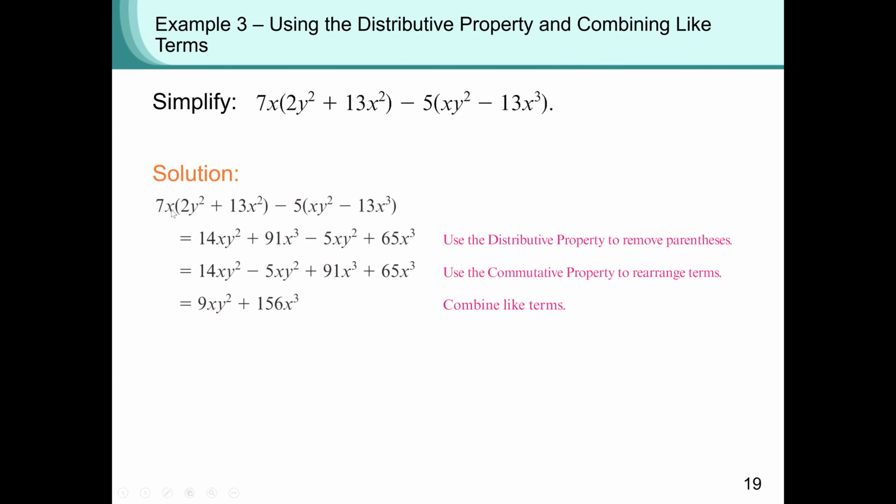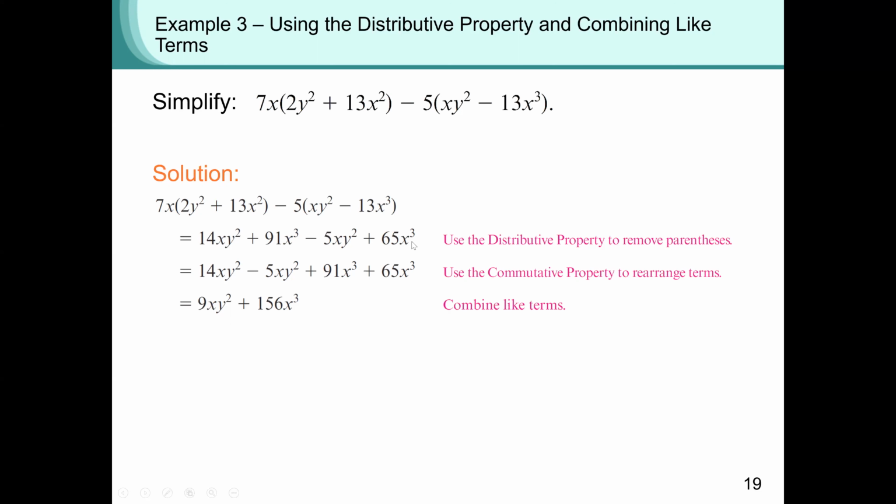So we get 7x times 2y squared, which will give me 14xy squared, plus 7 times 13 will give me 91. x times x squared will give me x cubed. Negative times positive will give me negative. Then I have 5 times xy squared, so that will give us 5xy squared. Next, we have negative times negative, that will give me positive. Then 5 times 13 will give me 65x cubed.